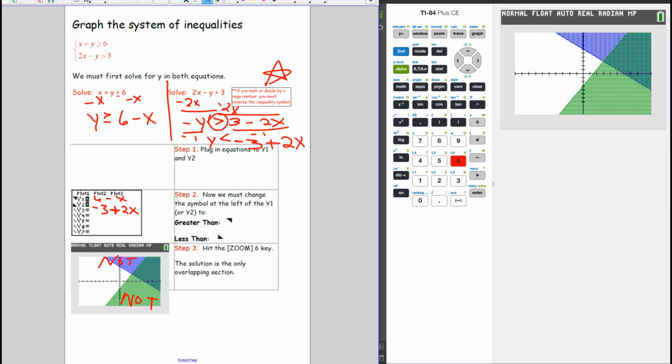Now I've got to figure out, because one of these is a solid line and one was going to be a dashed line. This one, the equation that came from this first one, had the solid edge. So let's see, that was the 6 minus x. That was the one coming down. So I'm going to go in black ink. Okay, so right along here is solid. The second one, see, it just said greater, so that's the dotted edge.